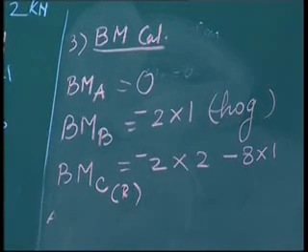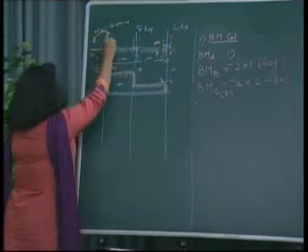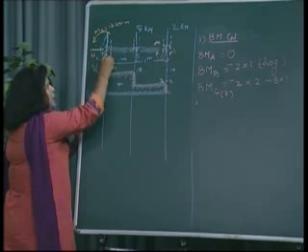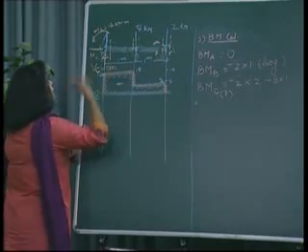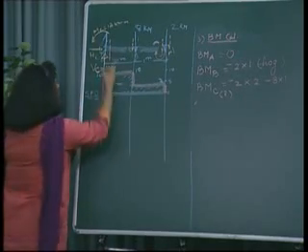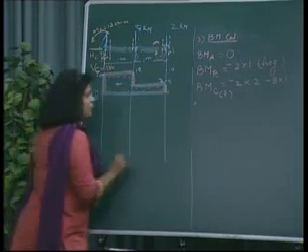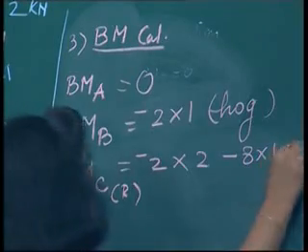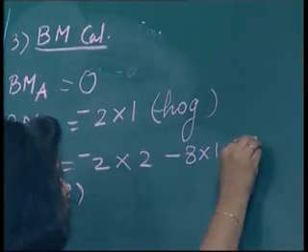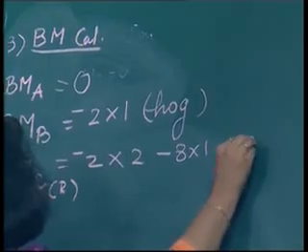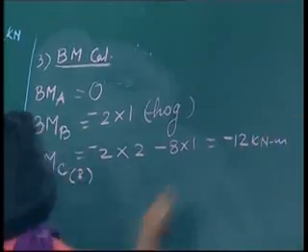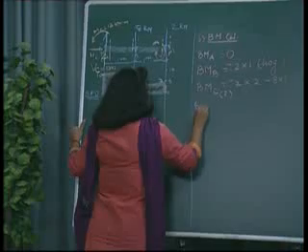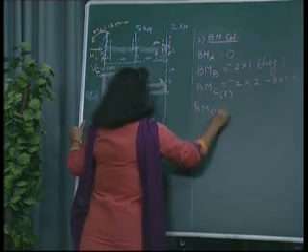Okay? So, when we are considering on the right side of the couple, then only these two forces will be considered, and when we are considering the left side of the couple, then we have to consider the couple moment. So, this will be your minus 4 minus 8, minus 12 kilonewton meters, and that is bending moment at point C just right.